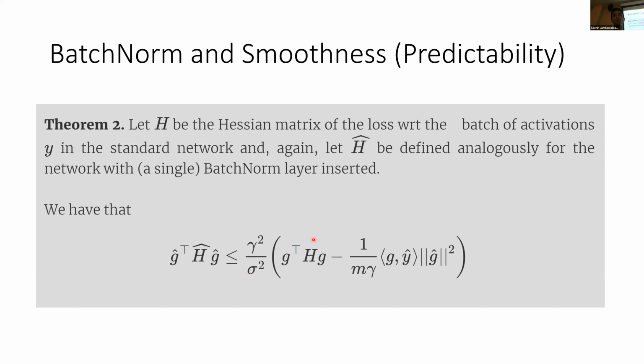Similar for smoothness of the network, if we look at the Hessian matrix, it's a similar representation where this scaling term is used as the Lipschitz constant, and the network with batch norm has a lower bound than the network without batch norm. So it's faster.